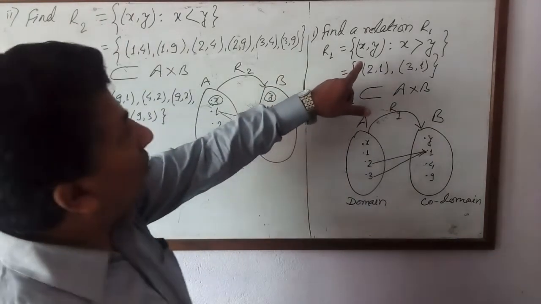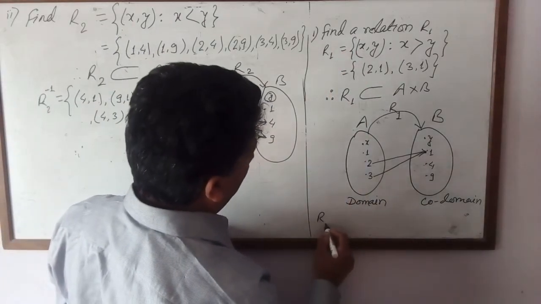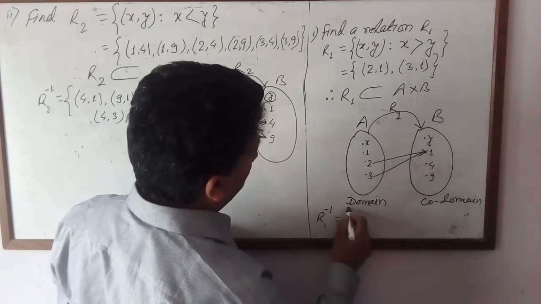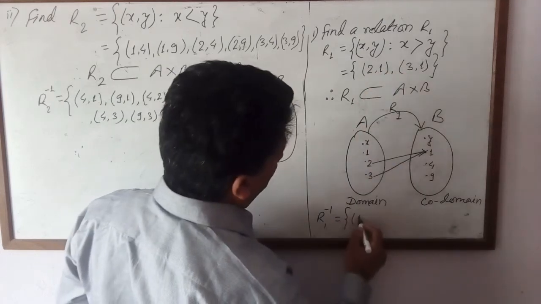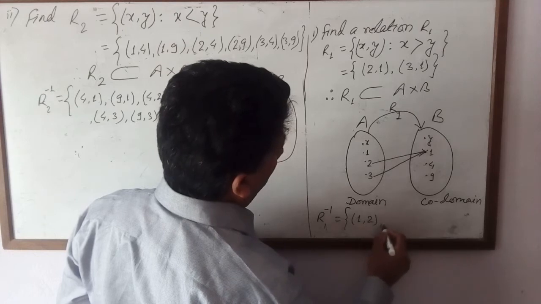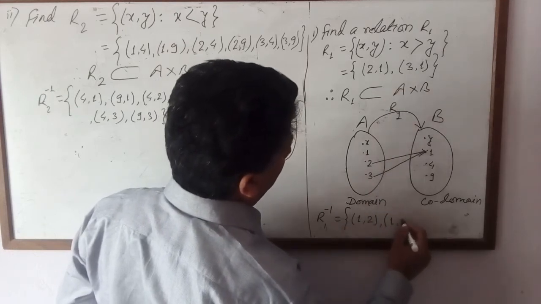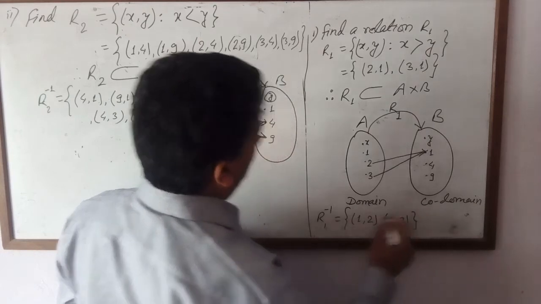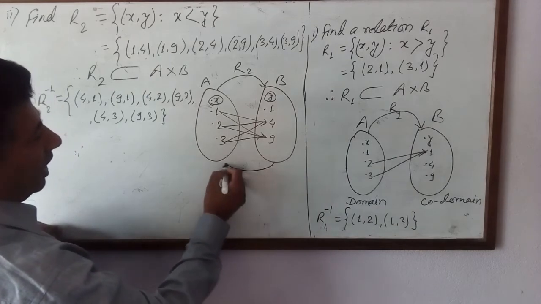Here also we can find the inverse of R1. I write here R1 inverse equal to, just change their position. 2, 1 will be 1, 2, and 3, 1 will be 1, 3. And in case of R2 inverse, you have to show the diagram like this.